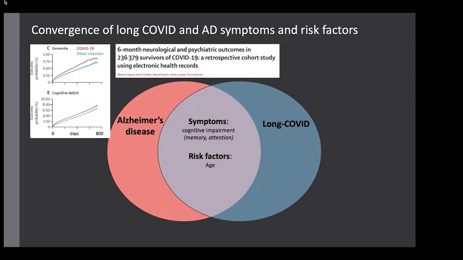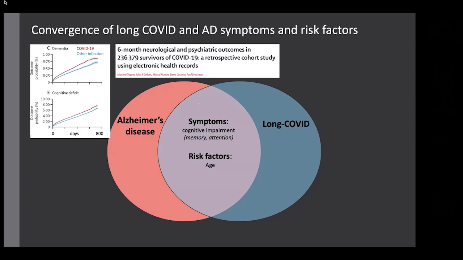Among those persistent symptoms included brain fog or impairment in various cognitive domains, including memory and attention. And soon after, there were several studies that came out confirming these subjective reports. For example, this study found that individuals who had had a prior COVID-19 infection were more likely to develop dementia or cognitive impairment a couple years later versus people who'd been infected with a different virus.